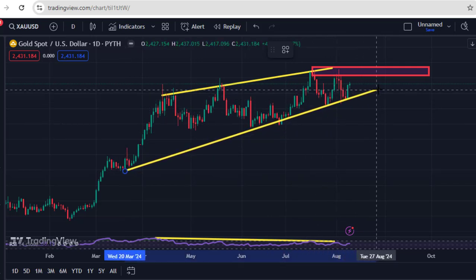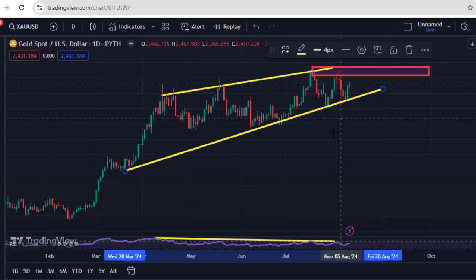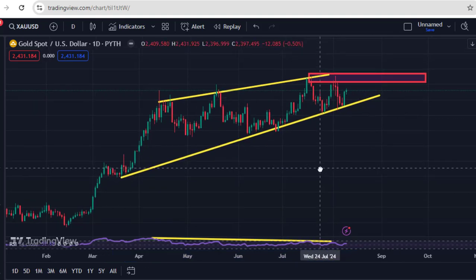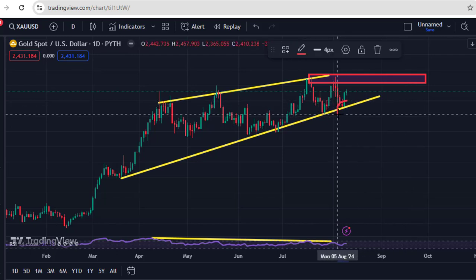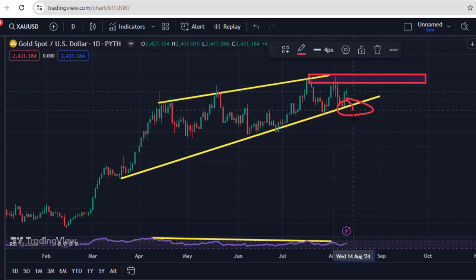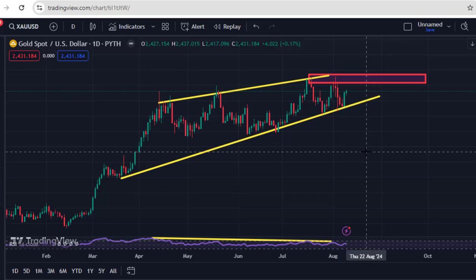So if you look from this very point up to this very area, I am looking at a breakout of this very support trend line. So there's a support trend line right at this very point. Once we see this breakout, look at it here, a breakout here is going to make the market come back all the way to the downside. And the target is very simple.